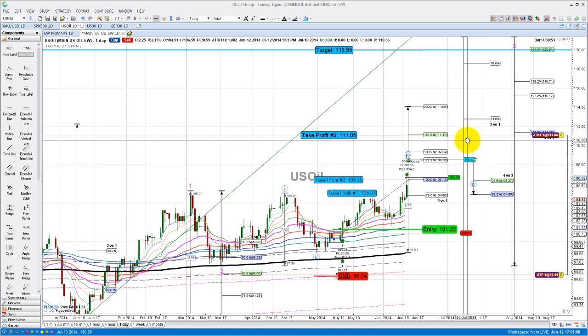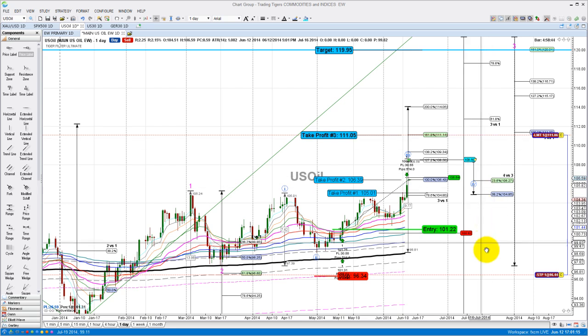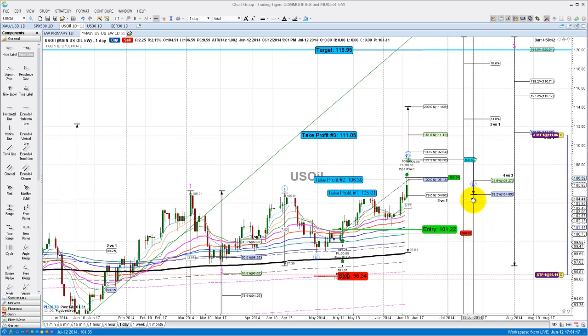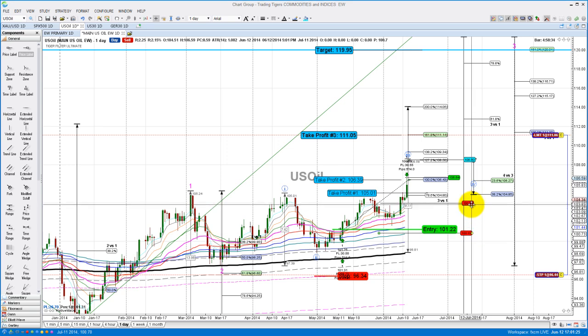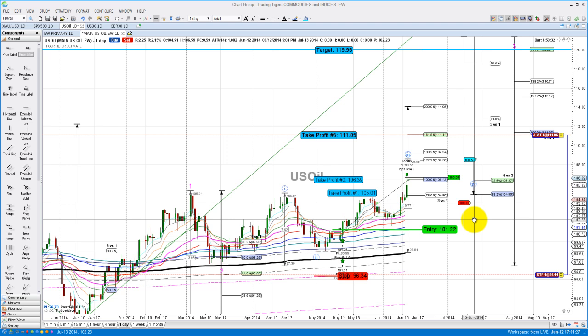So you'll probably be looking at 161.8, which is 111.14, and then you're just looking at the 1-to-1. Or you can be a little bit more aggressive and take it to the current candle low, and that would be, I'll just put it here, 103.98.